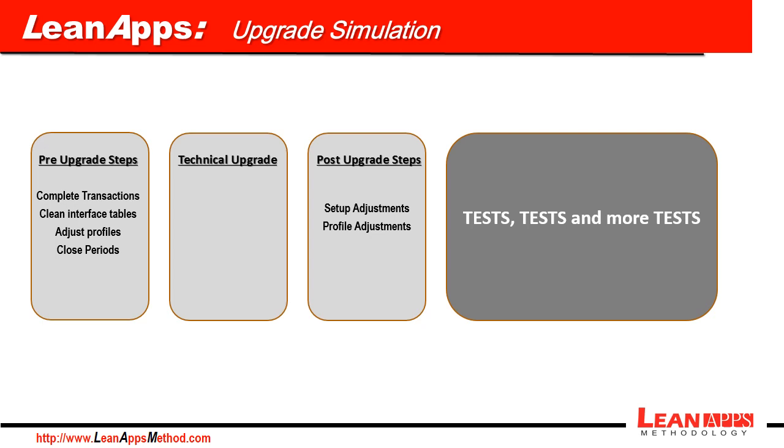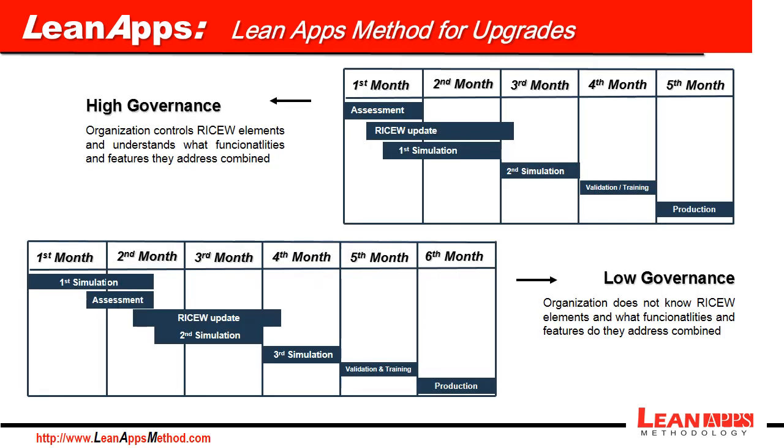Oracle has 3 utilities, 3 standard reports, which are very handy to analyze changes, and they should be used in upgrade projects. First one is called the Data Model Comparison Report, used to evaluate changes of database objects between 2 versions.